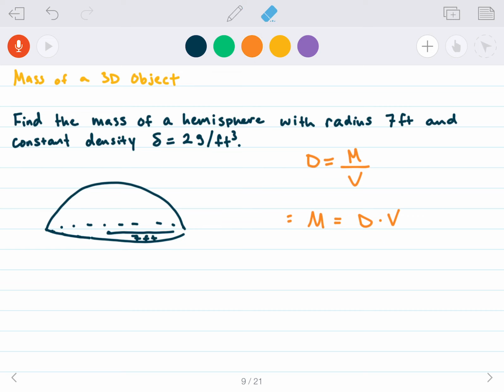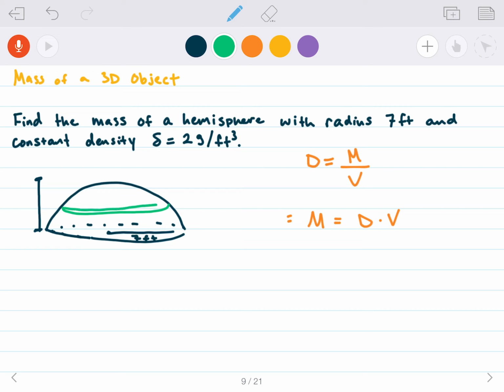Well, what's the volume of this hemisphere? That's what we want to know. Just like we did a few weeks ago, we can figure that out pretty easily. The volume of the hemisphere is going to be the sum of the volume of these little cylinders.